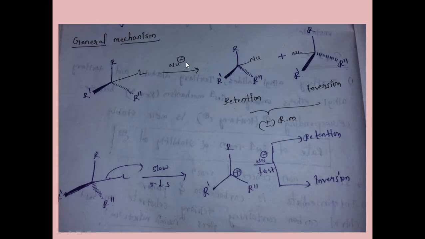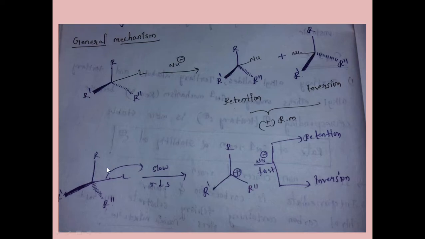Now what happens is we will get this product. Retention product is nothing but the nucleophile attached at the place of the leaving group, and inversion product is nothing but the nucleophile having attacked from the back side. We will get both these products. That's the reason we call it a racemic mixture. Racemic mixture is optically inactive because this might be plus, this might be minus, right? Positive and negative will make it neutral.